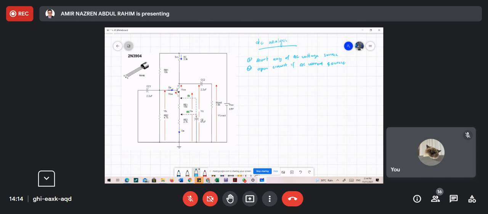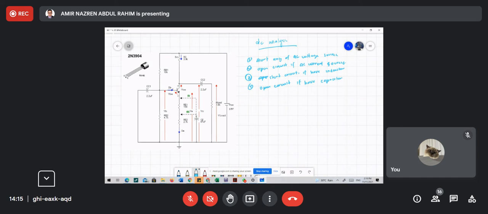We also short circuit an inductor, and we need to open circuit a capacitor.